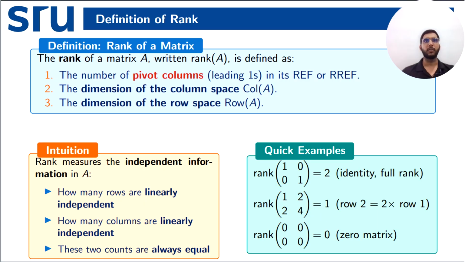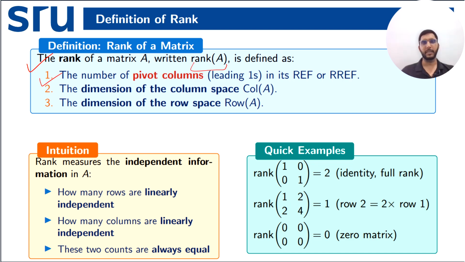Let us begin with the definition of rank. The rank of a matrix A, written as rank of A, is defined in several equivalent ways. The first one is that the rank of a matrix is the number of pivot columns in its row echelon form or reduced row echelon form.